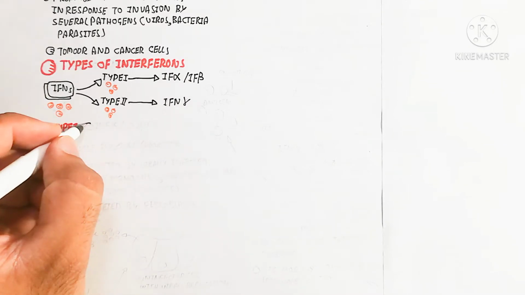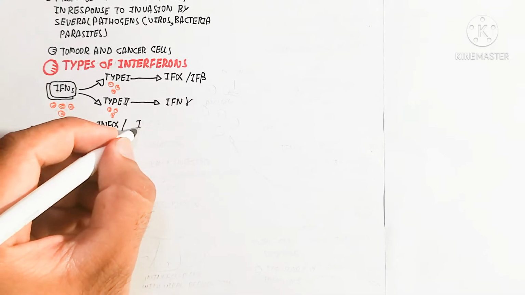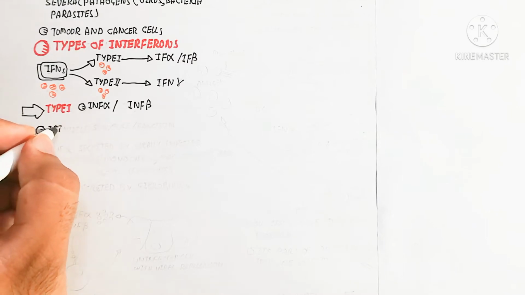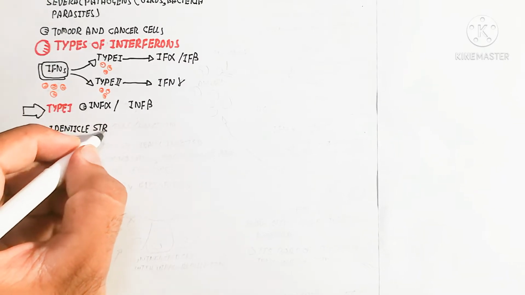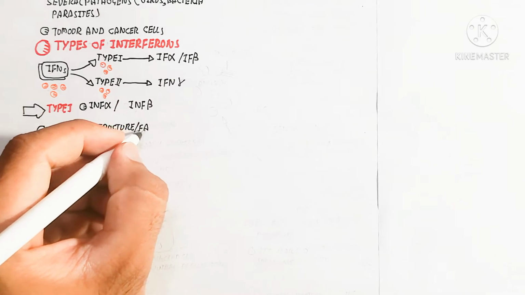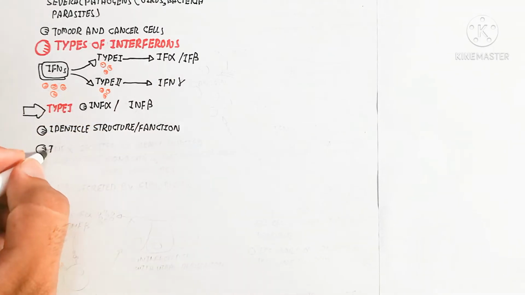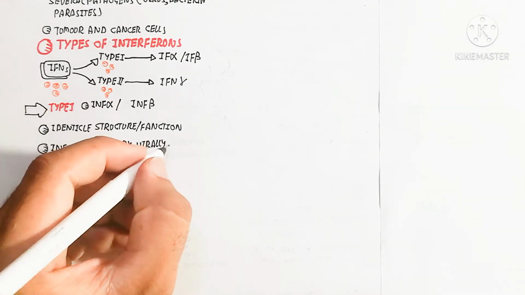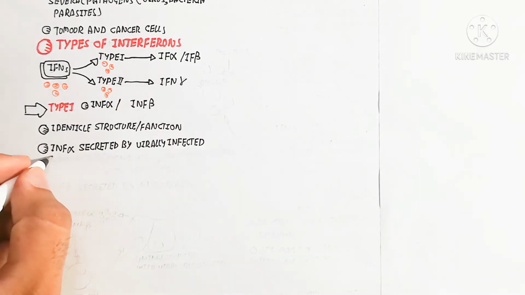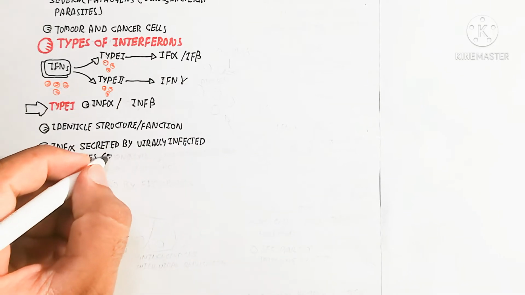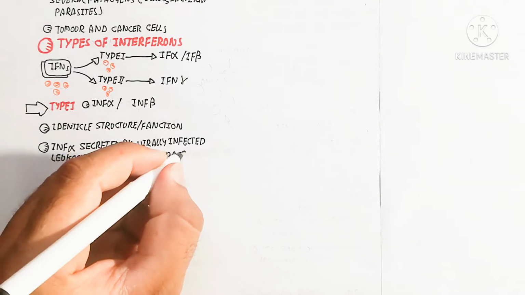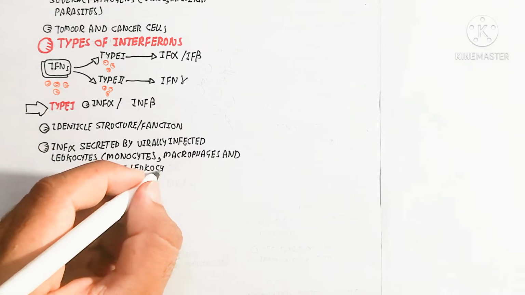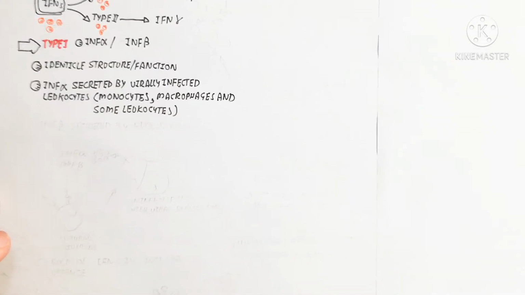But what is interferon? Interferon is important for giving a signal to the cell, so it is also known as a signaling molecule, produced by human body cells in response to invasion by several pathogens. It interferes with viral replication inside the cell. It is a small molecule, and both type 1 interferons have identical structure and function.